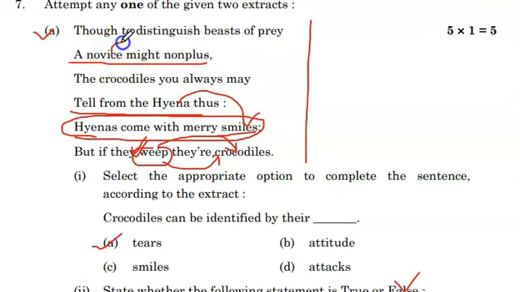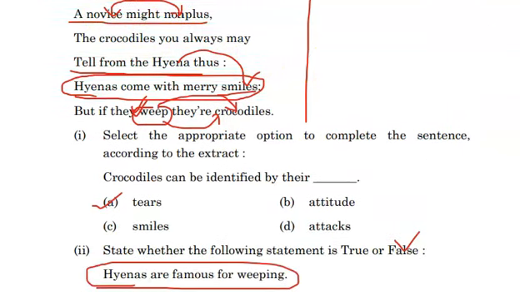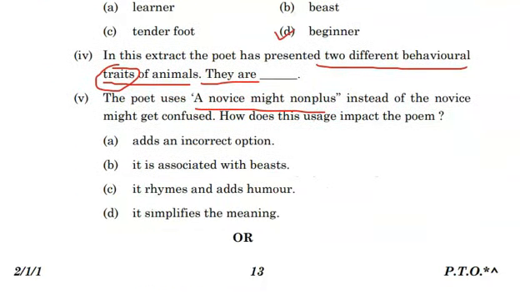So here nonplus and novice have been paired with each other. Now the question is, why has the poet used the word nonplus? The question is asking this. So how does the use impact the poem? It adds an incorrect option, it is associated with beasts, it rhymes and adds humor, or it simplifies the meaning.